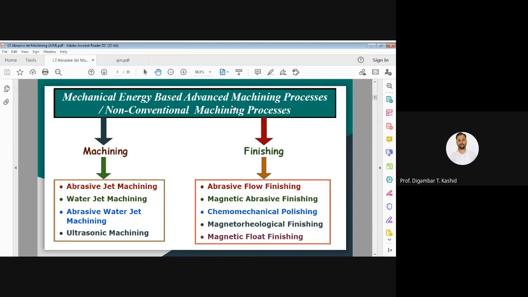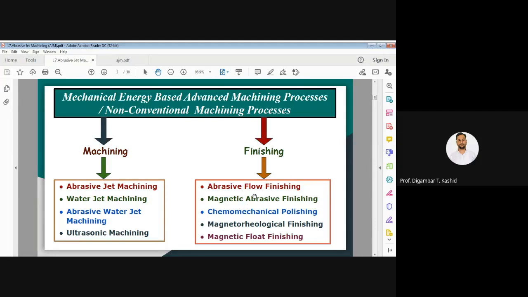So for that purpose here I have shown this classification of mechanical energy based advanced machining processes, or you can call them non-conventional machining processes. Under the category of machining, these are the four processes. Then there are finishing processes also in this mechanical energy based category.